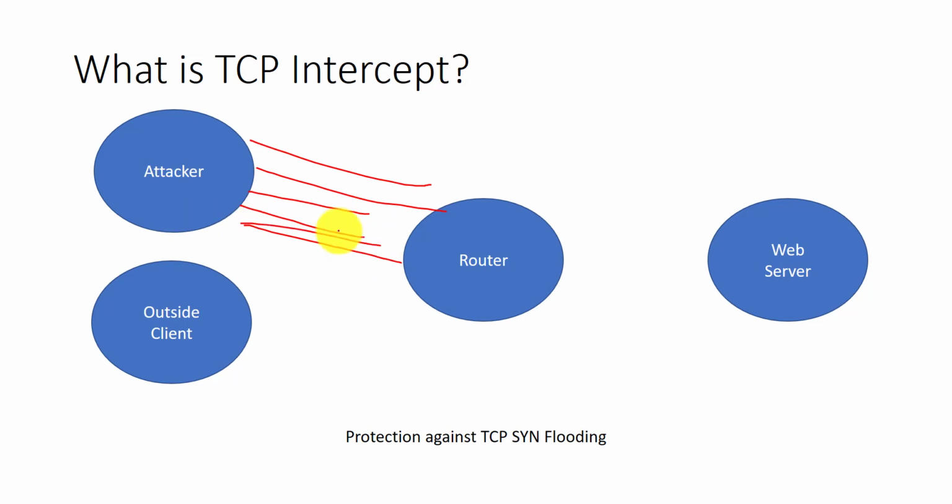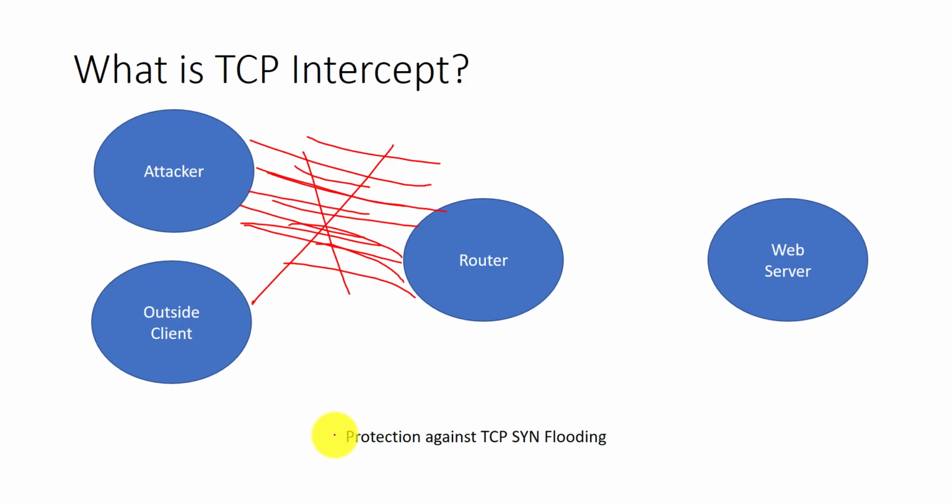Just imagine all these funky lines of SYN requests coming, destined for the web server, but with TCP interception on, the router is catching all these TCP SYN requests, and when it's sending SYN ACKs back and not getting anything back, it's going to basically drop the connection. And that's basically how it's going to work.